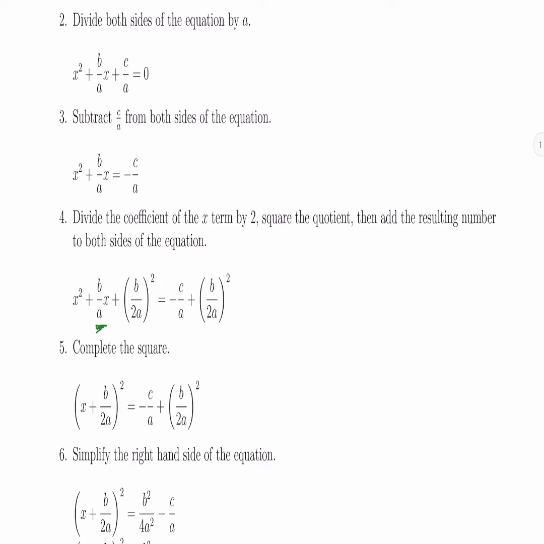So when I take b on a and divide by 2, I get b divided by 2a. When I square it, I get b divided by 2a squared. This is just a number that we're creating in order to make a perfect square out of our terms with variables. Just standard completing the square. It just looks a little bit different because we're not dealing with numbers, we're dealing with variables.